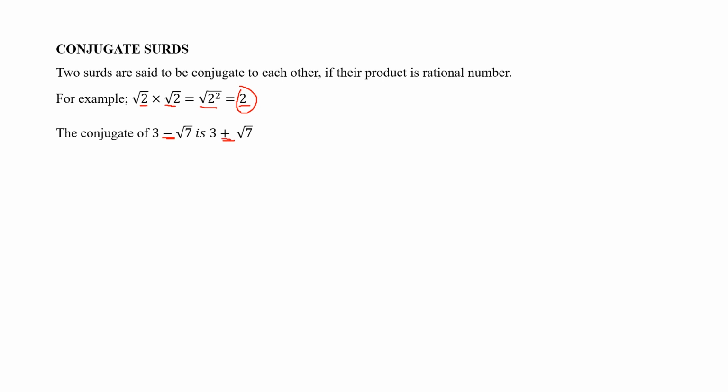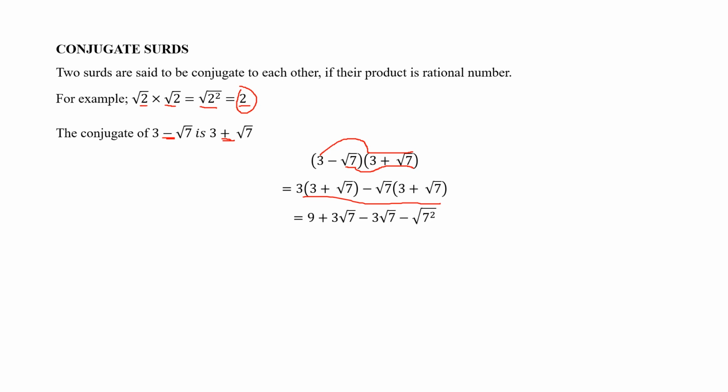So let us multiply the two and see if we are going to have a rational number. When we multiply, the first step is to open the brackets. The 3 multiplies the whole of that bracket, then the negative root 7 multiplies the whole of that bracket. When we open the brackets, 3 times 3 is 9, plus 3 root 7, then minus 3 root of 7, then minus root of 7 squared.